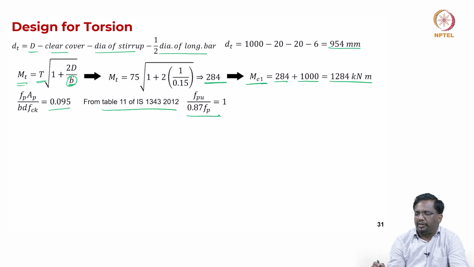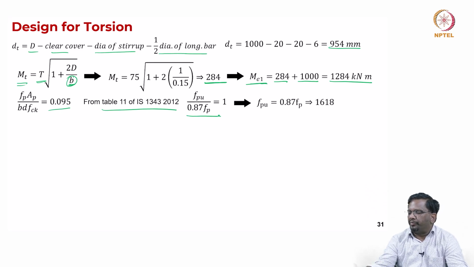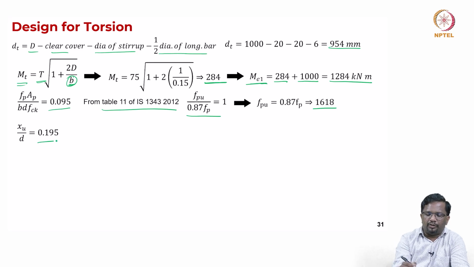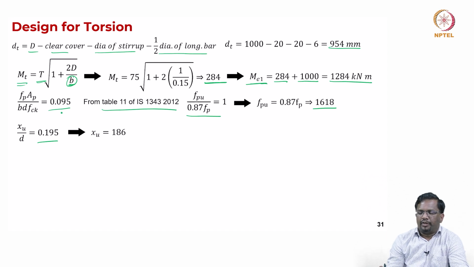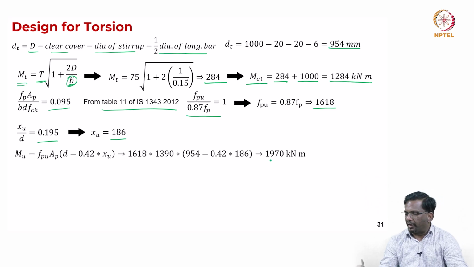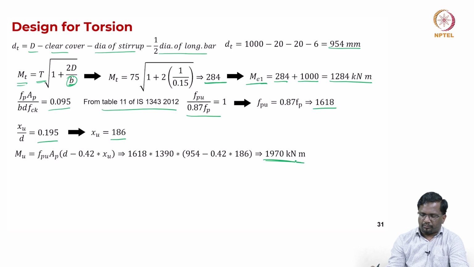The stress ratio works out to be 1, and then FPU is 1618 megapascal, and XC by D works out to be 0.195. Okay. So, this is the reinforcement index that I am choosing, right. XU is working out to be 186, and then I get my moment resistance as 1970 kilonewton meter.